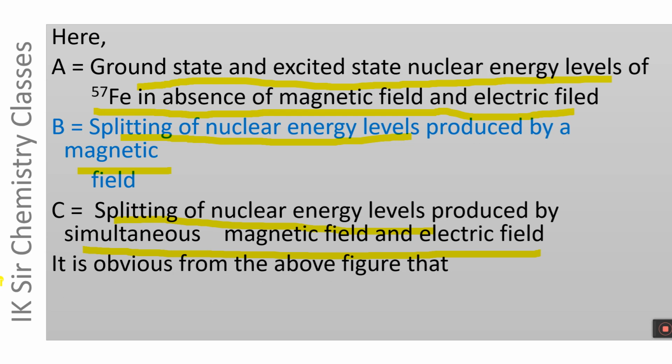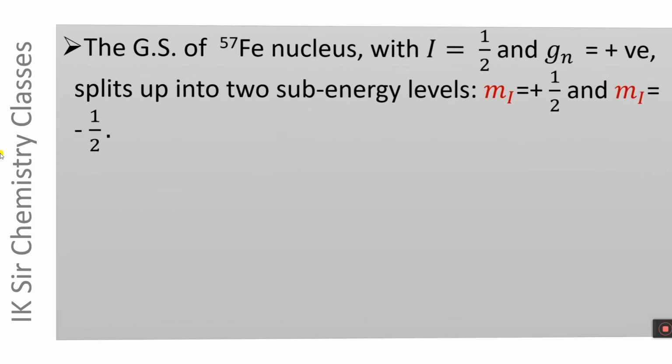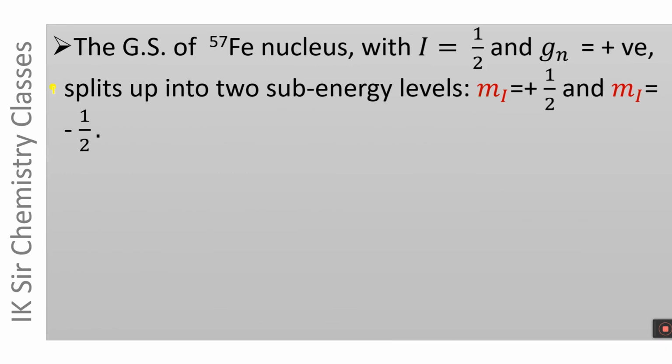It is obvious from the above figure that the ground state of Fe57 nucleus with I equals 1 by 2 and gn positive splits up into two sub-energy levels, Mi equals plus half and Mi equals minus half, as we have seen in the previous figure.